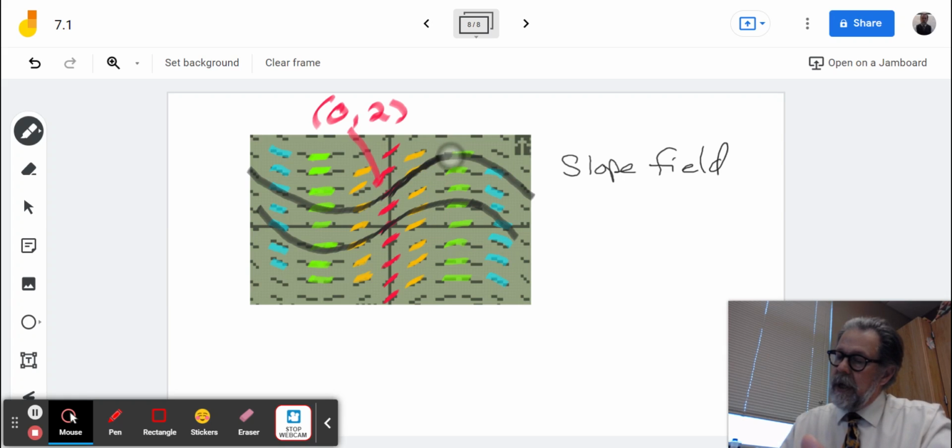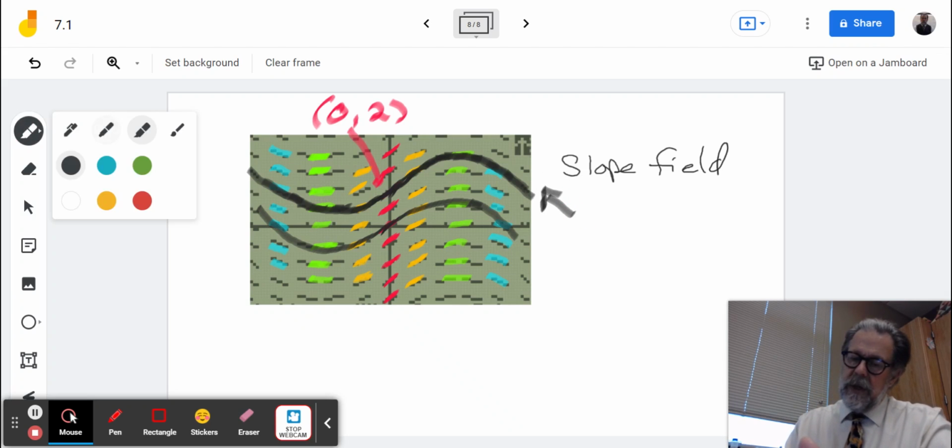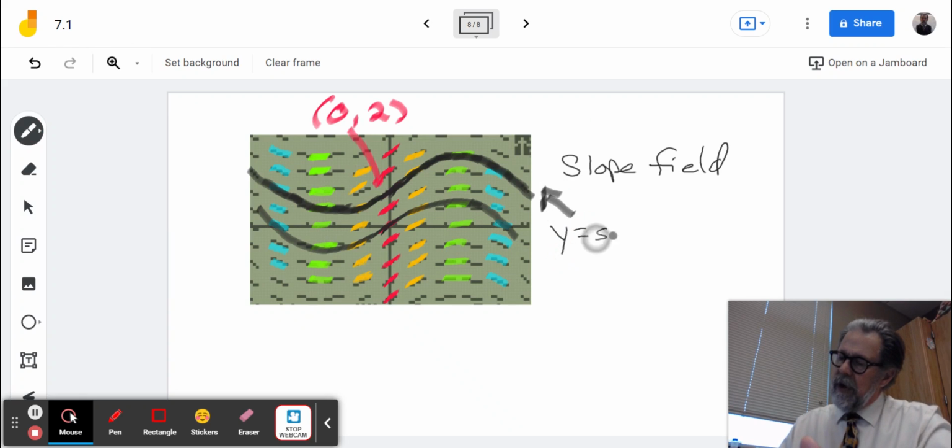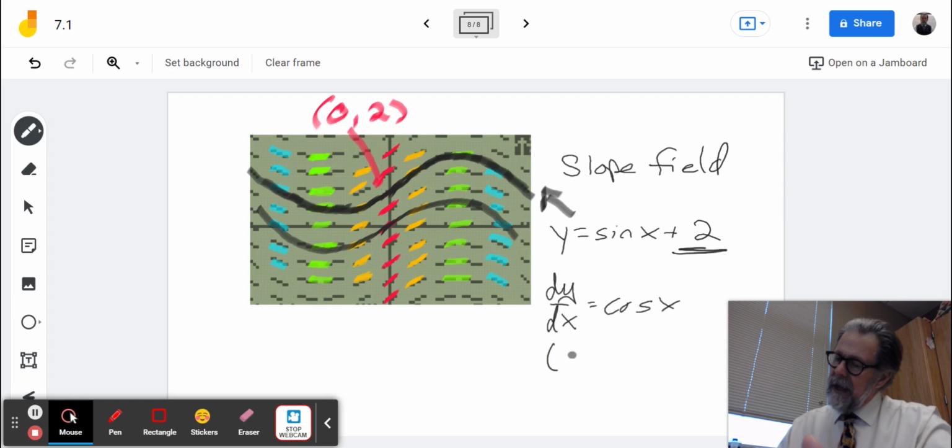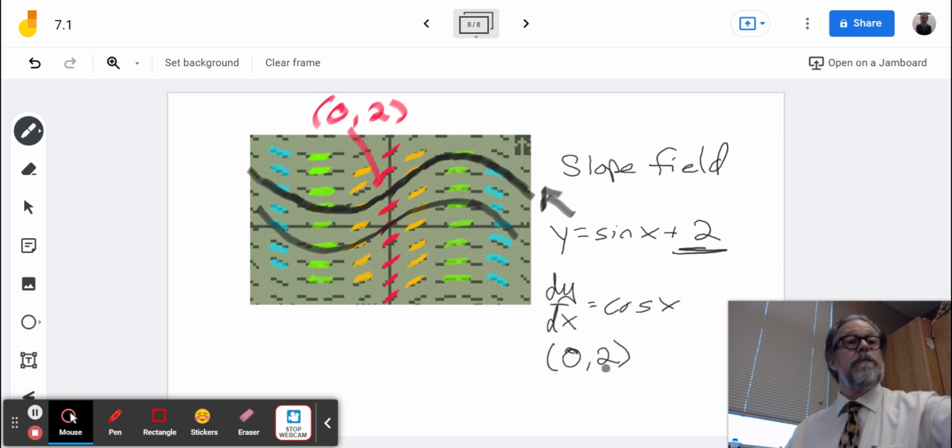Then, tracing along with these slopes, it must come back down again, come down here. We're always just looking at the next column of slopes and saying, okay, where would this one go if it continued its pattern? And so this here is the graph of y equals sine of x plus 2. And that is the solution to dy/dx equals cosine of x, given an initial value of 0, 2.